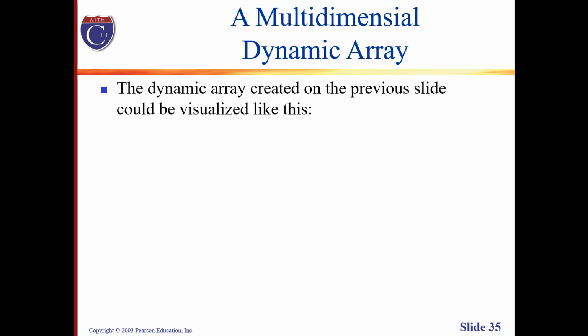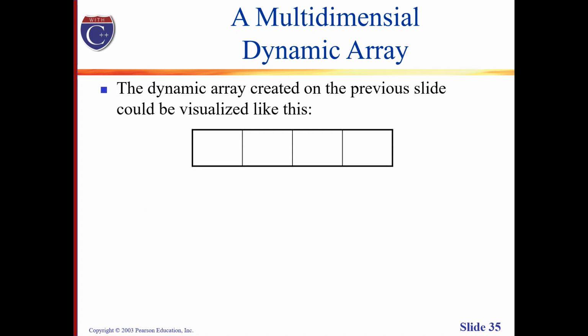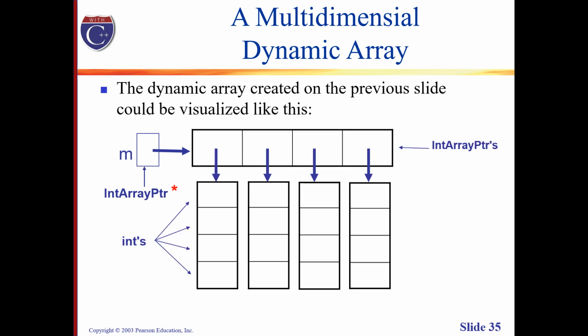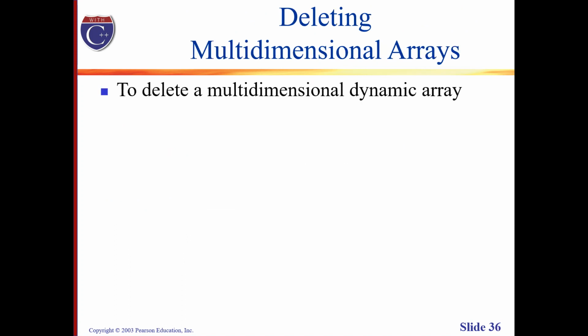Hence, the dynamic array that we created on the previous slide can be visualized like this. Now, how do we delete multi-dimensional arrays?